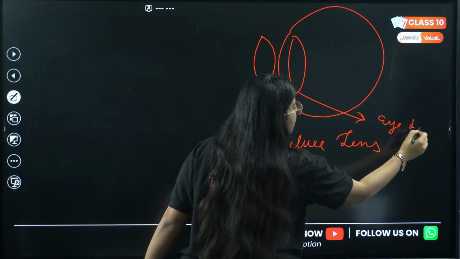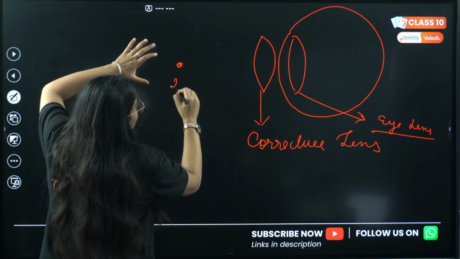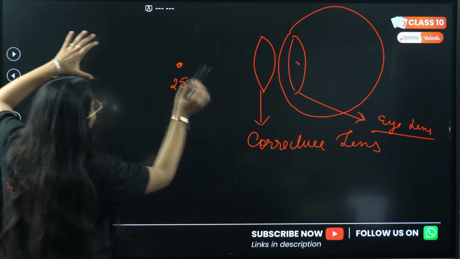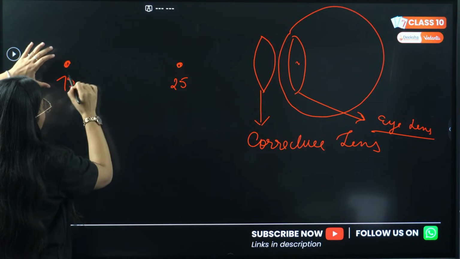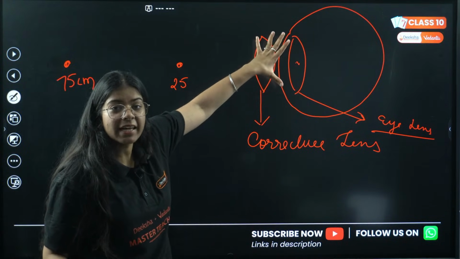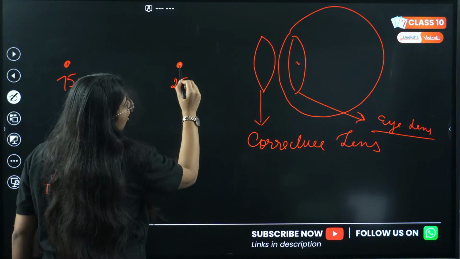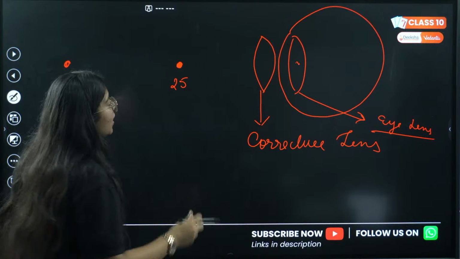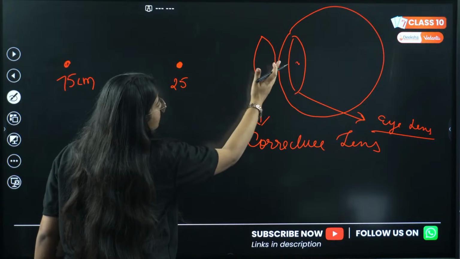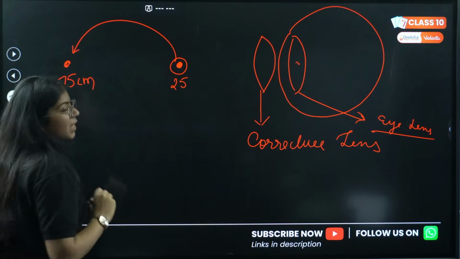So what basically should happen is, first my object is at 25 centimeter, but my eye lens can only see objects which are at 75 centimeter. So what is the job of this corrective lens? Its job is to make the image of the object which is at 25 centimeter first at 75 centimeter.